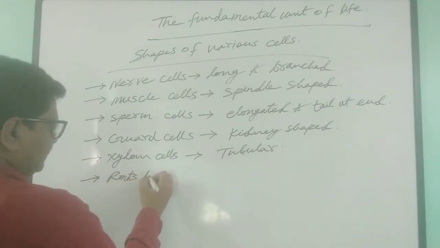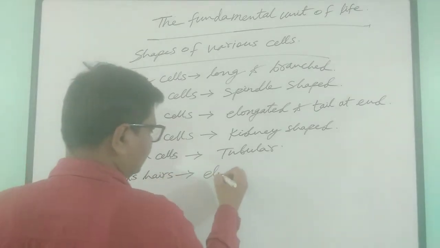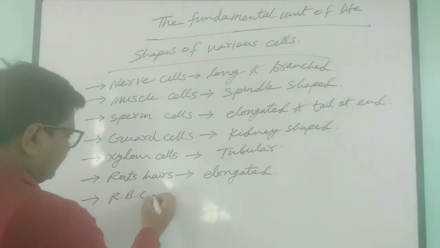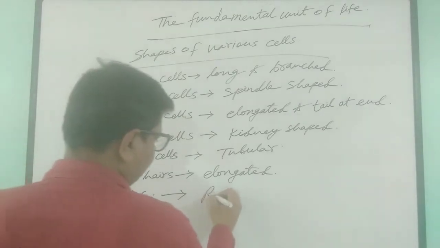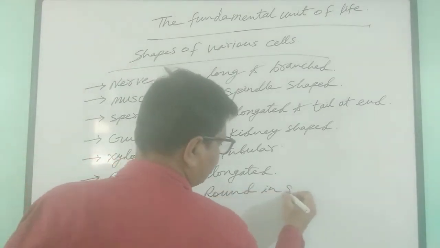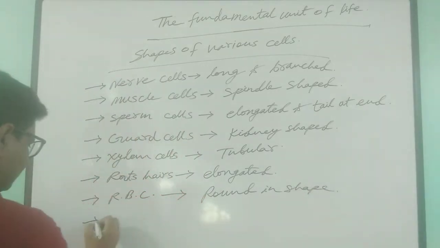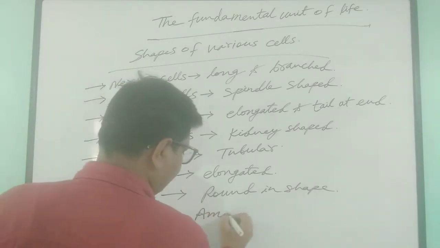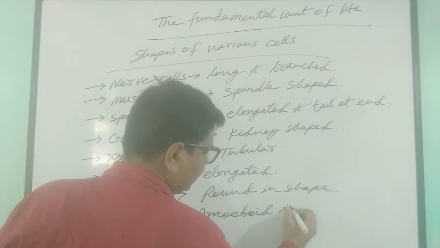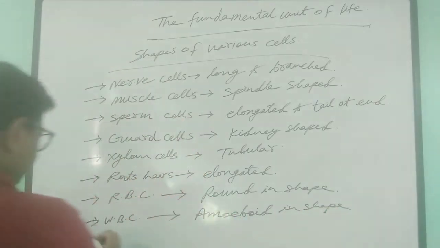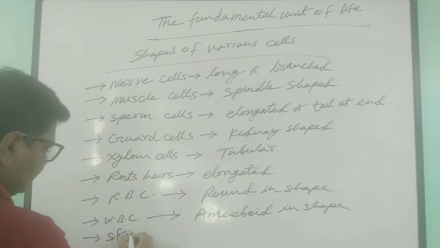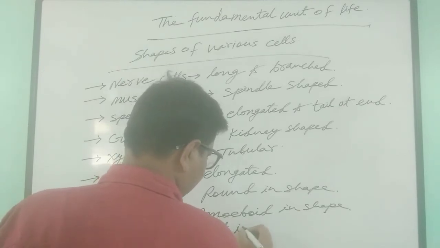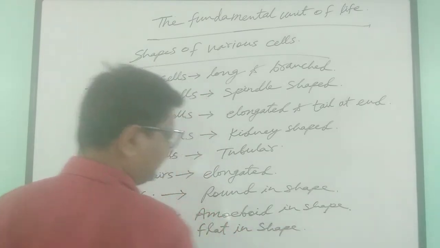Root hairs: elongated. RBC: round in shape. WBC: amoeboid in shape. Skin cells: flat in shape.